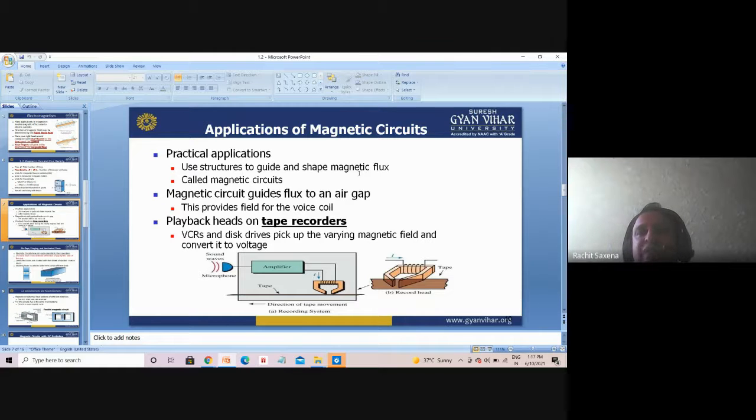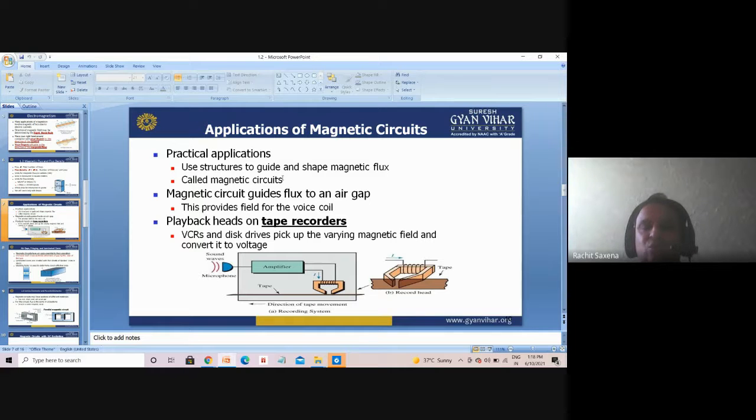If I am using a square circuit, a rectangular path, a circular path, or a spherical one, the flux takes the shape of that. So this line tells you to use structures to guide and shape magnetic flux. First thing: magnetic circuits.